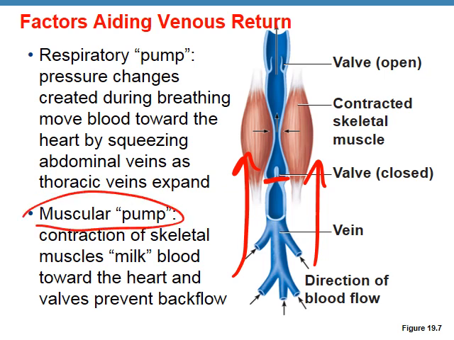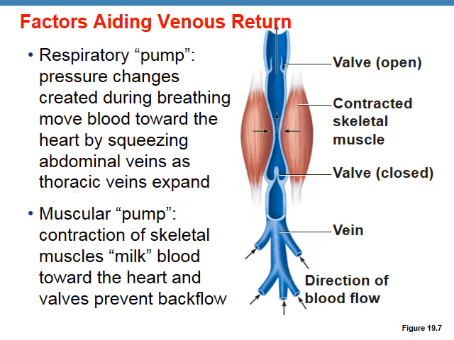Same thing with the muscular pump. If you contract your skeletal muscles, they actually push blood up, and then hopefully the valve closes and we don't let blood come back down. So they talk about how the skeletal muscles can milk the blood towards the heart and prevent backflow due to the valves.